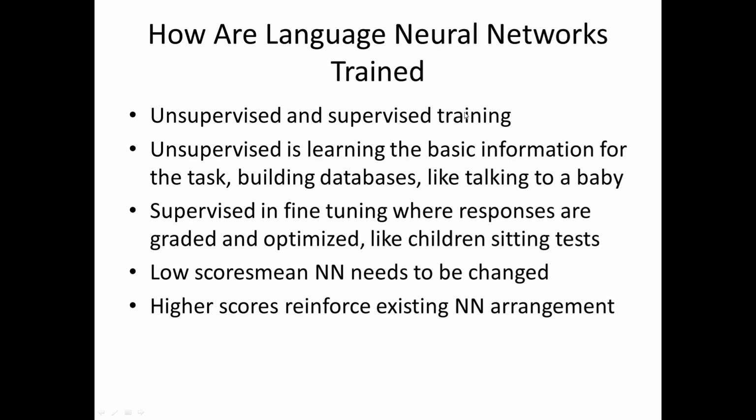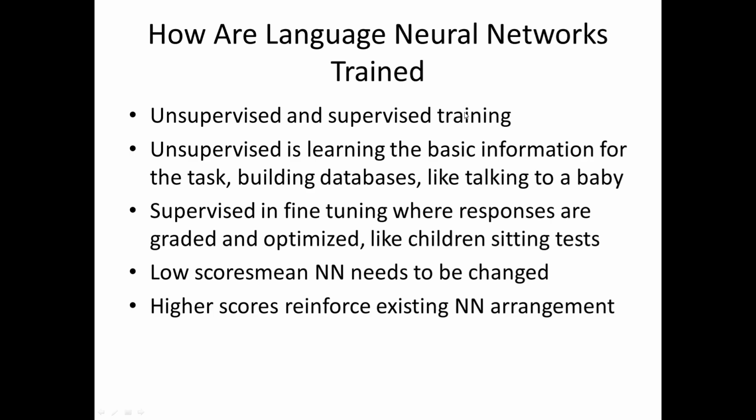Then they'll go into school and they'll start to undergo supervised training, which is like fine-tuning, optimization, where the responses are graded and optimized. So a kid, if he studied for the test, he'll get a good result. If he studied a certain way, maybe he might get a better result than if he studies a different way. And then from that, the kid can determine whether or not he's learning correctly, right?